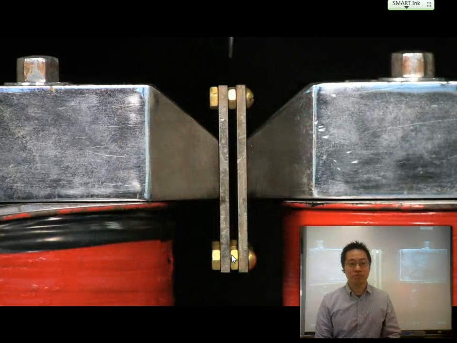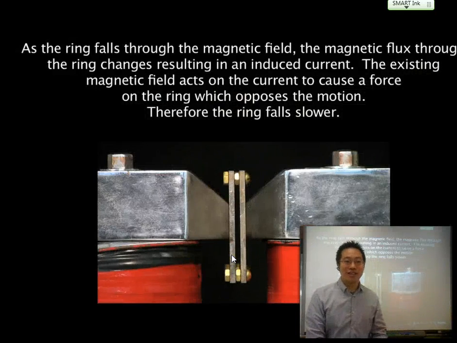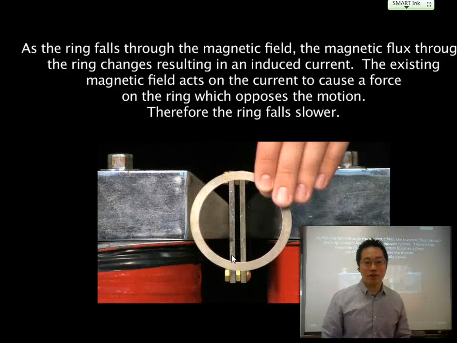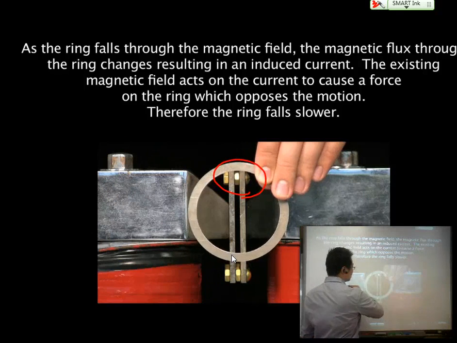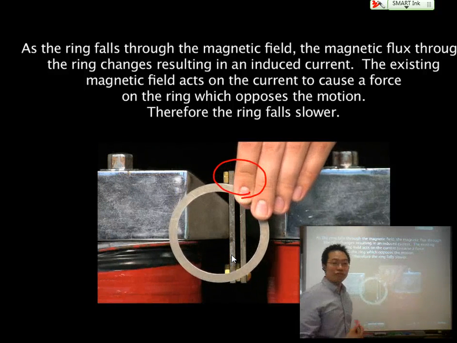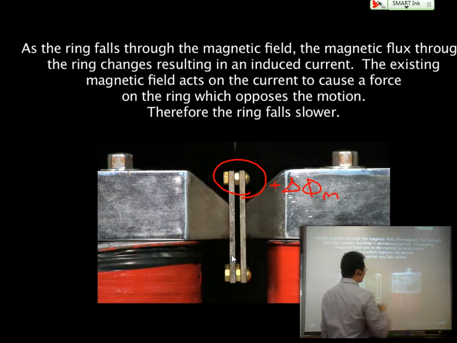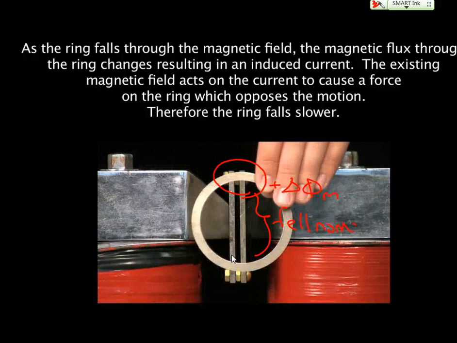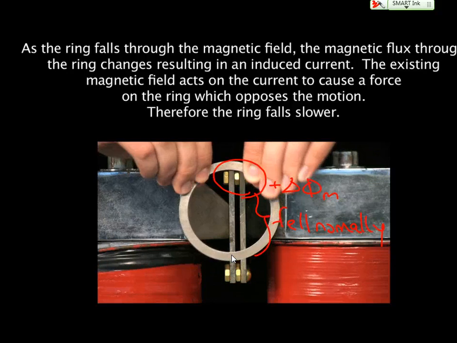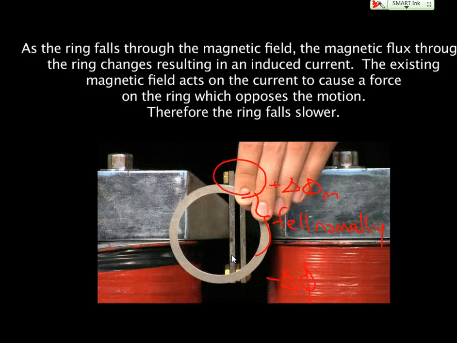Now, when they first drop it, you could see that overall, when it was being dropped, there's a positive change in flux here, which resisted the fall. Over here, it fell normally, and at the end again, we have a negative change in flux.